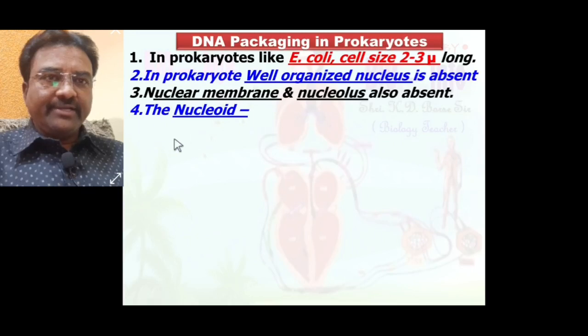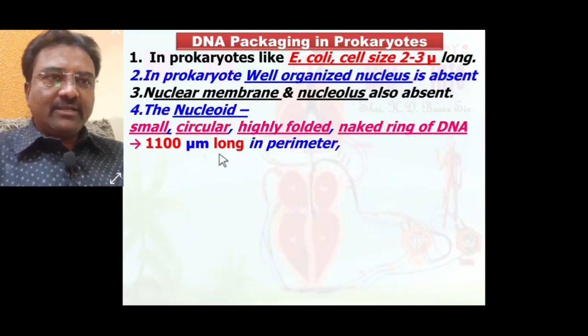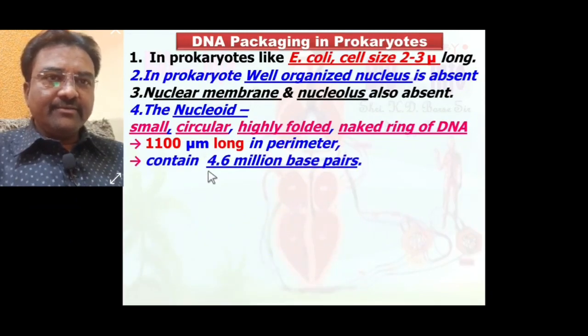The characteristic features of the nucleoid are a small, circular, highly folded, naked ring of DNA. It is about 1100 micrometer long in perimeter and contains 4.6 million base pairs.